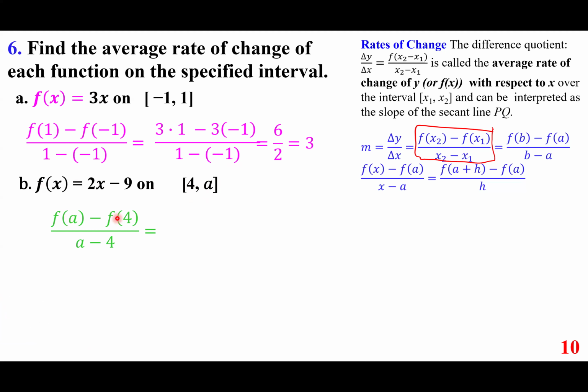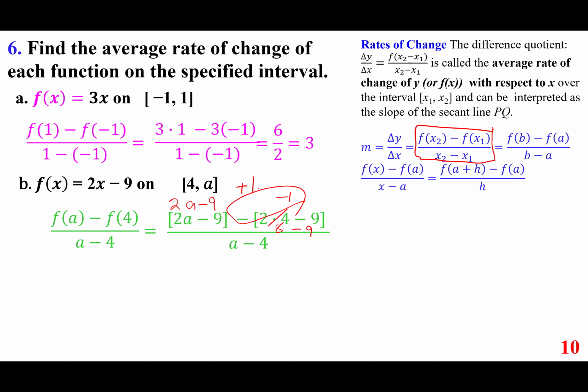I'm sorry, we're looking at this function. What is f of a? 2 times a minus 9, minus what is f of 4? 2 times 4 minus 9, and the denominator is a minus 4. So 2a minus 9, and this is 8 minus 9, which makes it negative 1.